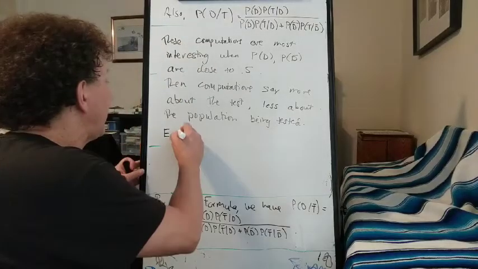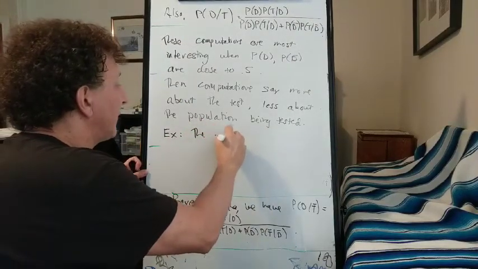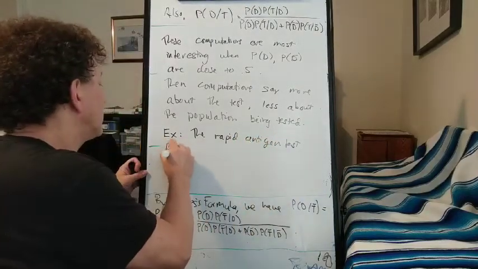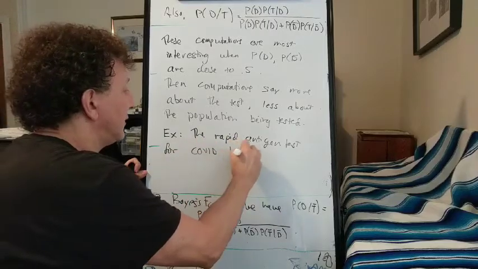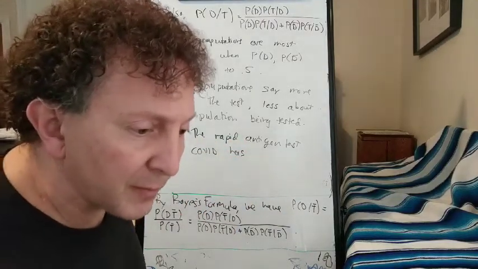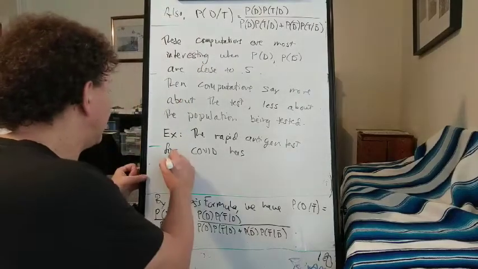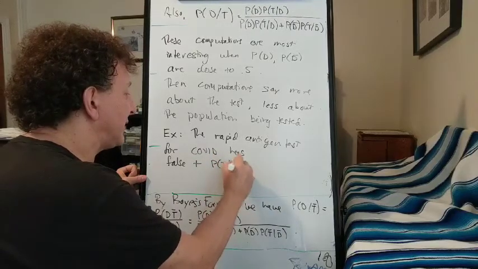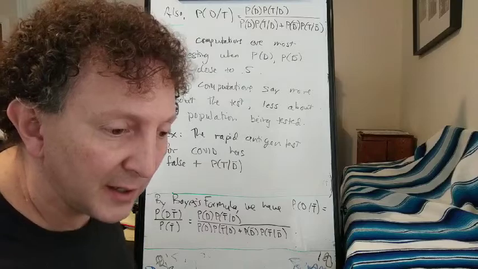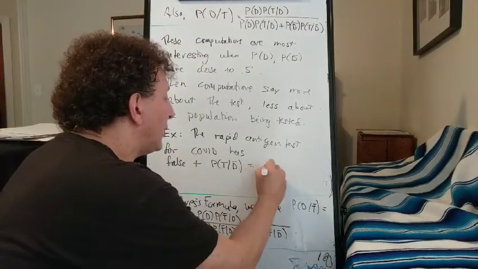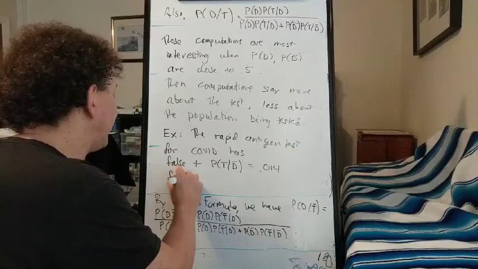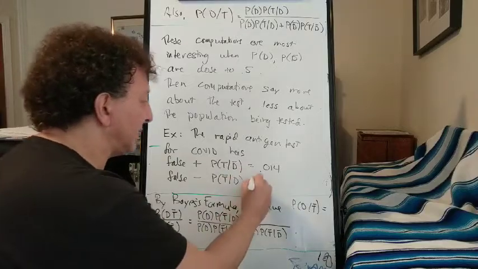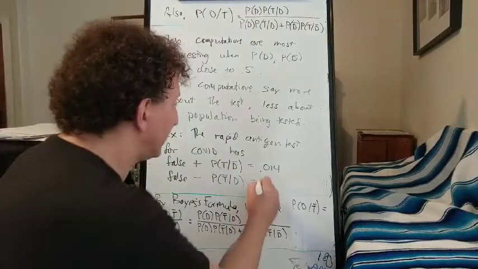But it looks like the rapid antigen test for COVID has, let's see, the false positive probability, of the test being positive given that the person does not have the disease, is 0.014. And the false negative probability, that the person tests negative even though they do have the disease, is 0.154.